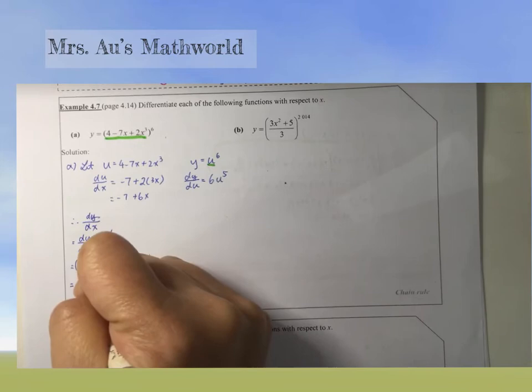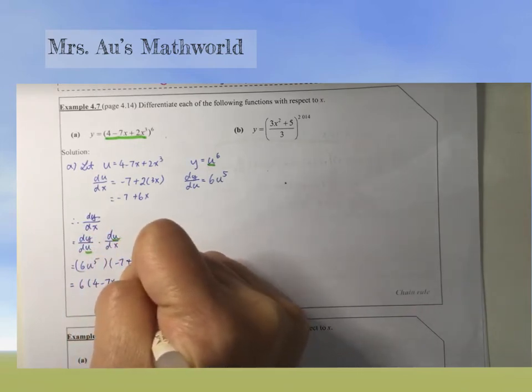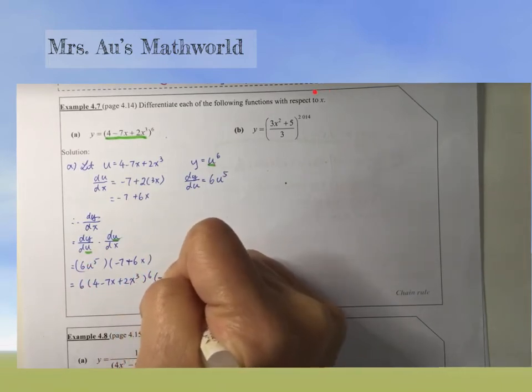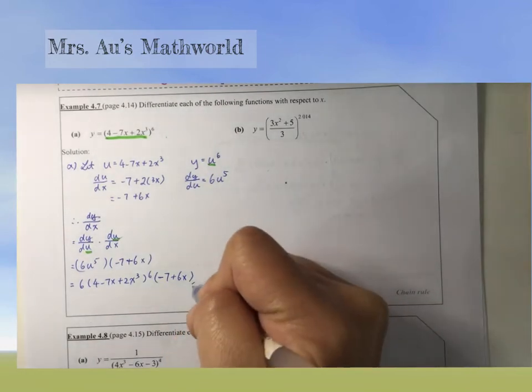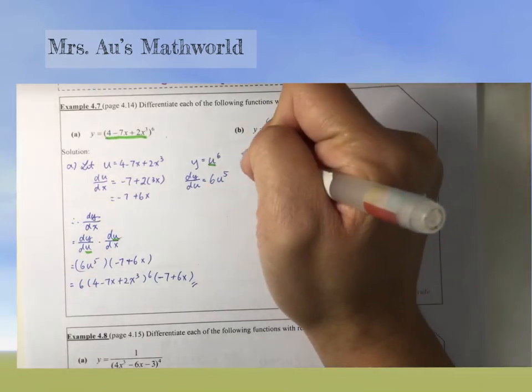As a result, we need to substitute u back because the question asks you to answer in x only. So just substitute and then you can get the answer. Now remember, the number goes first, and then these things in the middle.